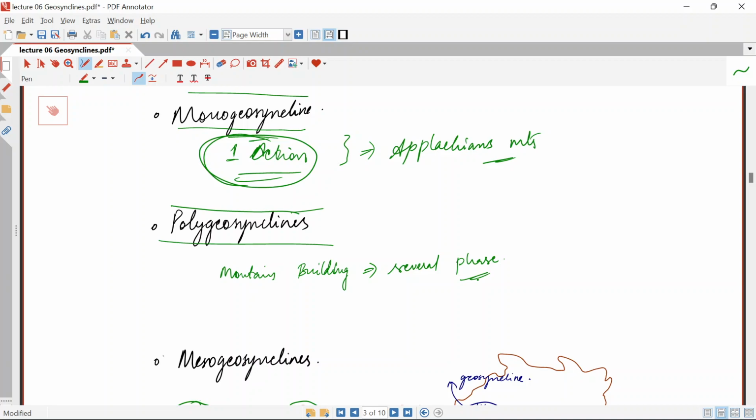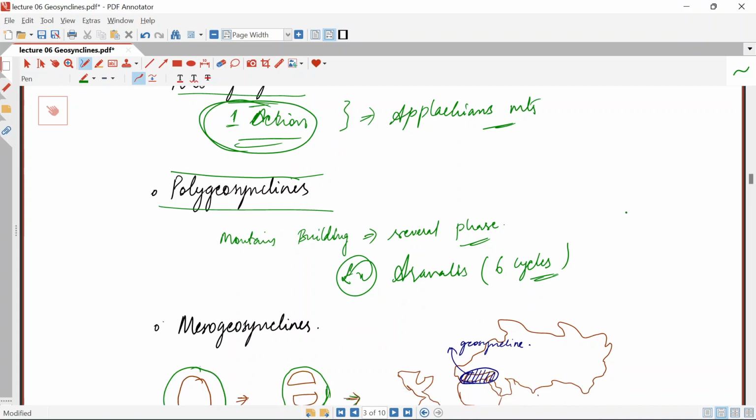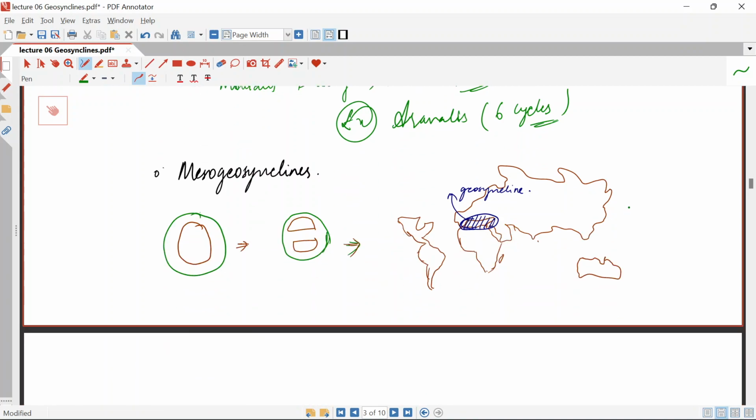This is what polygeosyncline is, and the best example is the Aravallis, which took 6 cycles to form. This is about polygeosynclines. And then next we'll see what is mesogeosyncline.